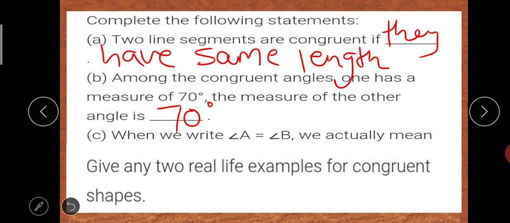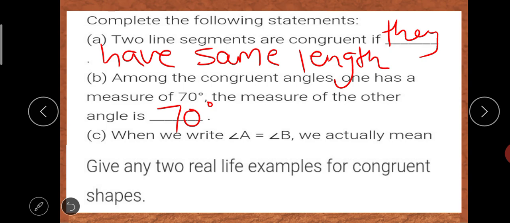Now here the question asks to give two real life examples of congruent shapes. Which things do you see in daily life that are congruent? Generally we can see the mobile, okay, both sides are the same in length.